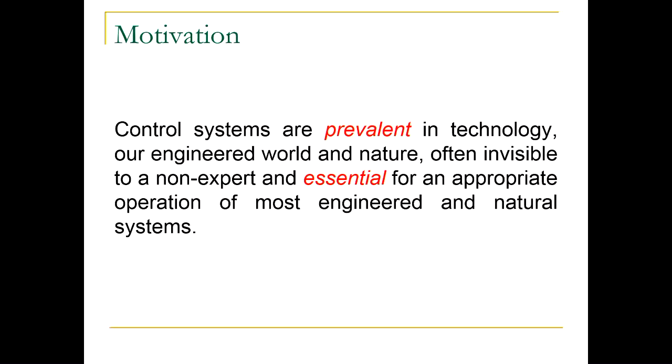Now let's look more closely at the motivation. So the first statement is that these systems are prevalent, and they are actually essential. The red words in this slide are the keywords. Control systems are prevalent and essential in a range of different systems, both for engineered systems and for natural systems.